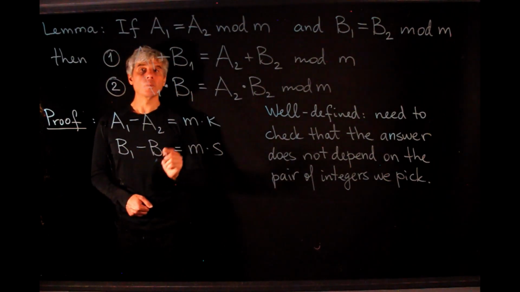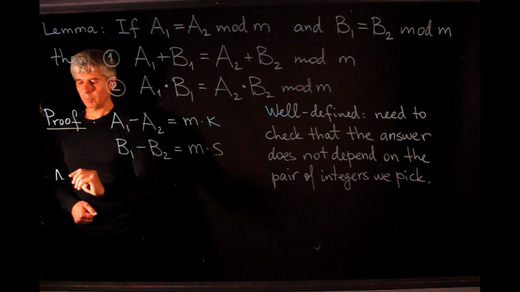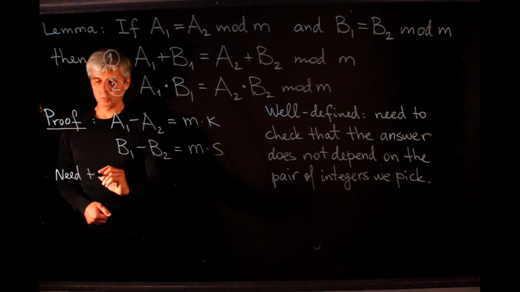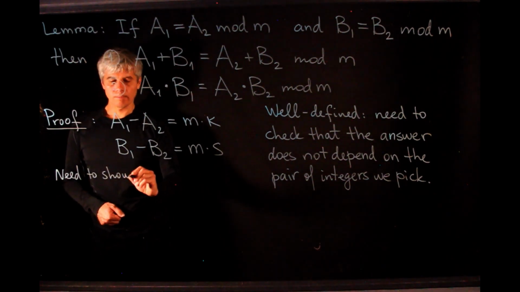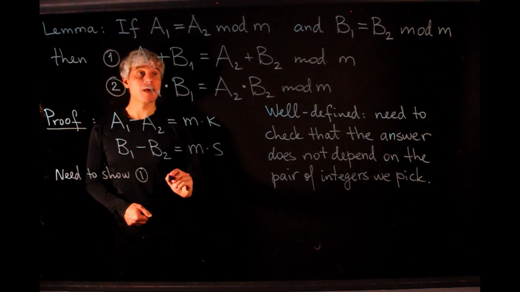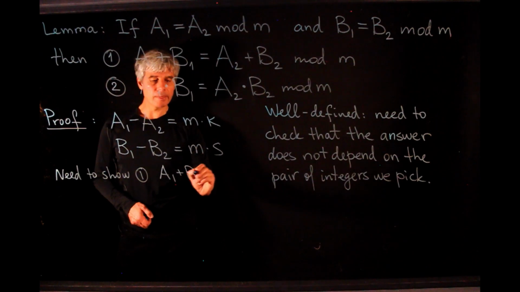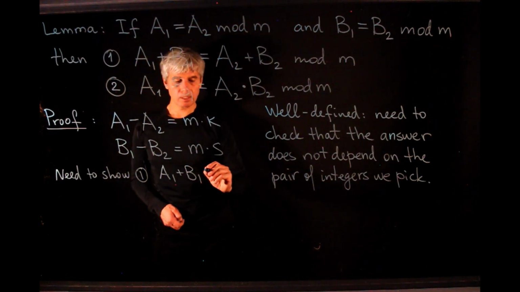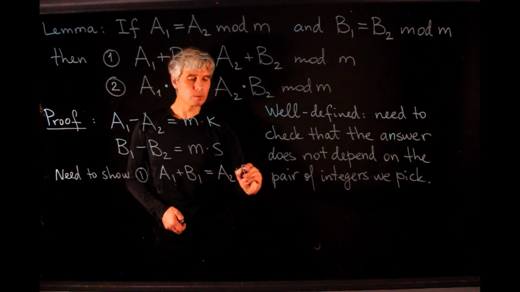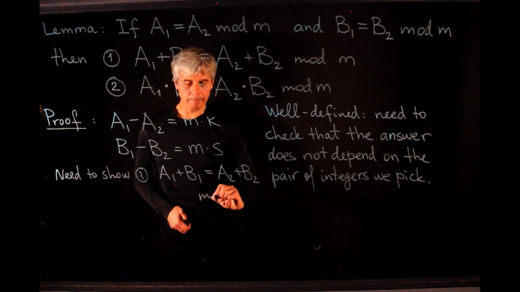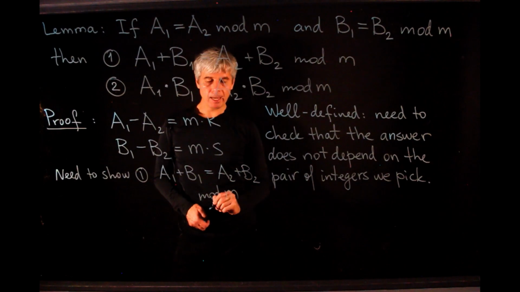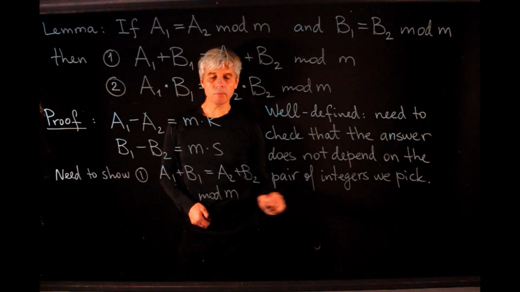Now, what we need to show in 1, that A1 plus B1 has the same remainder as A2 plus B2 mod M. And again, we do the same trick.